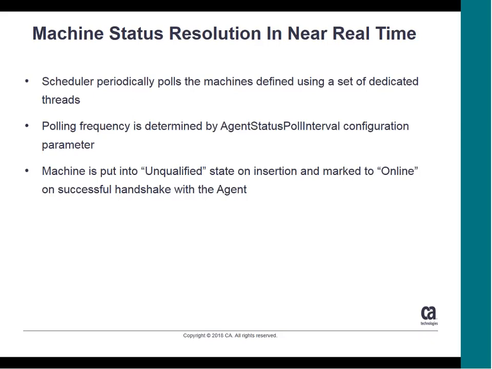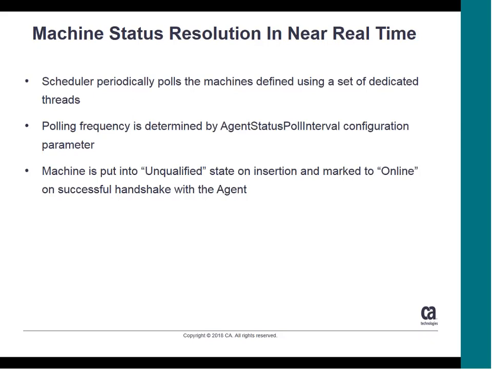And the other aspect to this is the scheduler now periodically polls all the agents to determine if the machines are alive or dead. So there is a new configuration parameter introduced which goes by the name agent status poll interval. By default this is set to 1 minute.